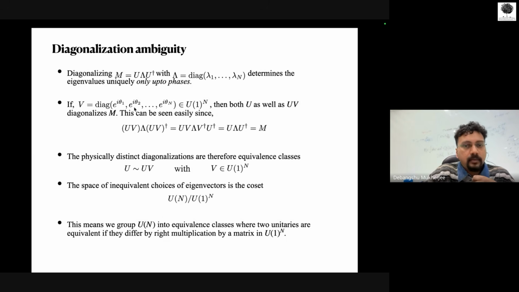I'm effectively throwing out elements of this form. That's what this means. The group U(N) gets divided into equivalence classes, and two unitaries are equivalent if they differ by a right multiplication or a left multiplication by a matrix in U(1)^n. Here, left and right multiplication is not going to matter.